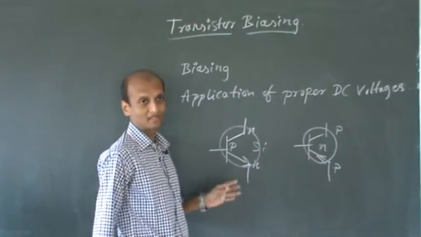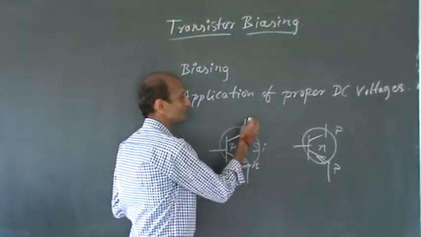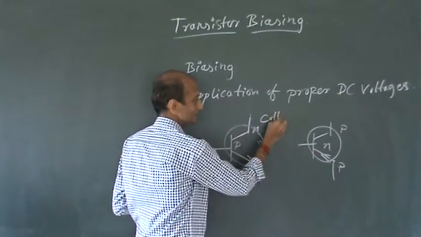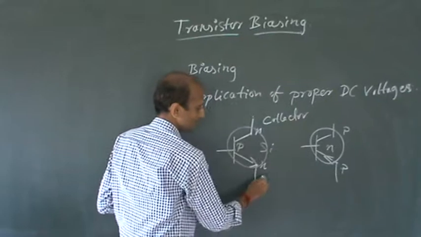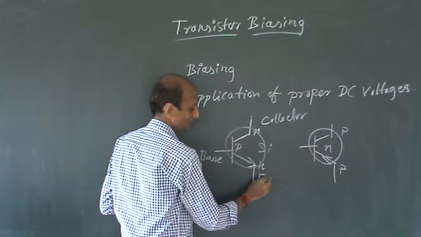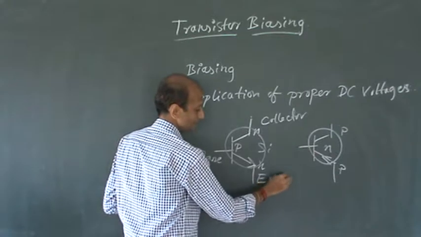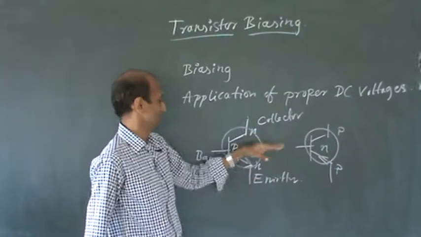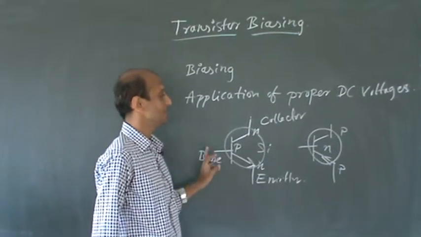This is an NPN transistor. We have terminals called collector, base, and emitter.